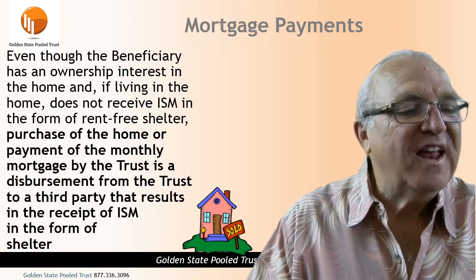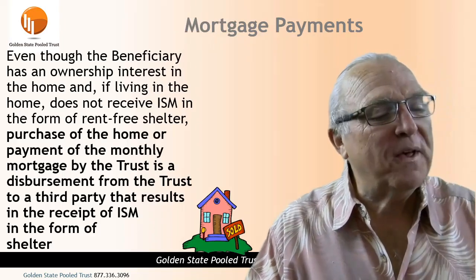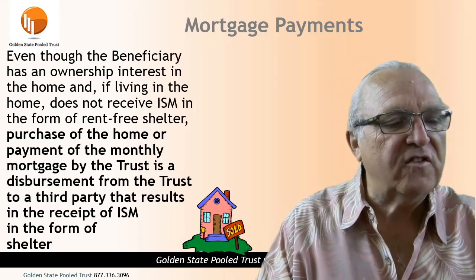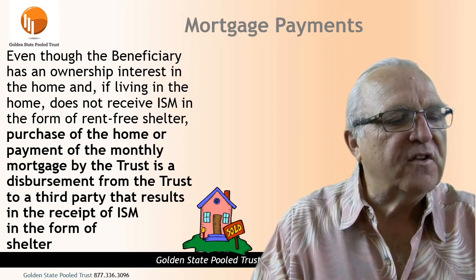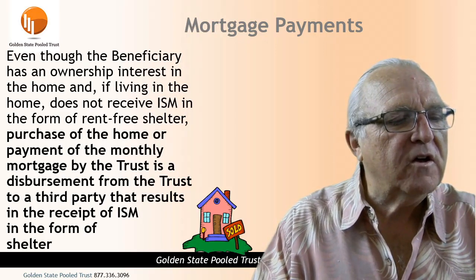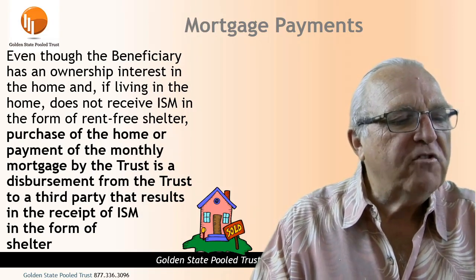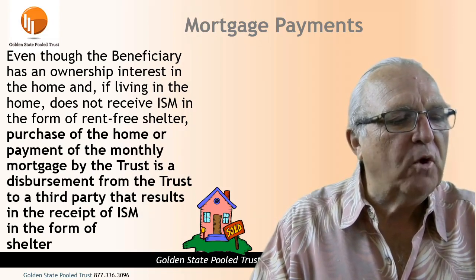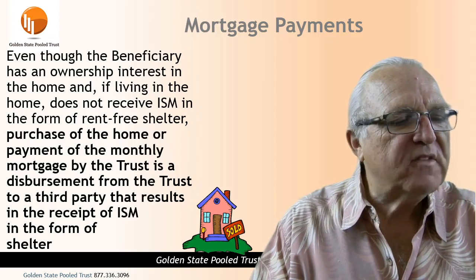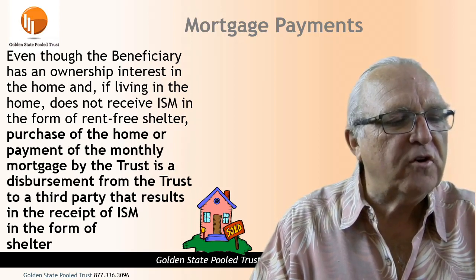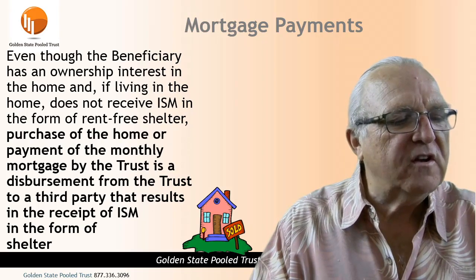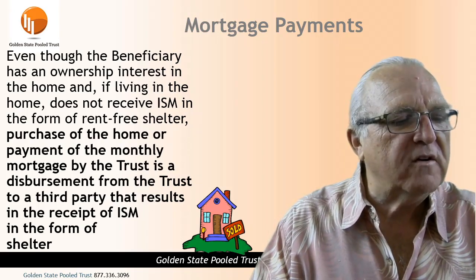So now it goes on to say that even though the beneficiary has an ownership interest in the home, and is living in the home and does not receive ISM in the form of rent-free income, purchase of the home or payment of the monthly mortgage by the trust is a disbursement from the trust to a third party that results in the receipt of ISM in the form of shelter.